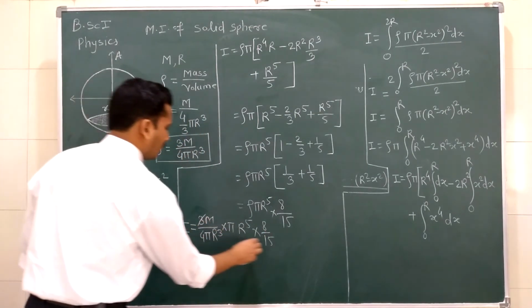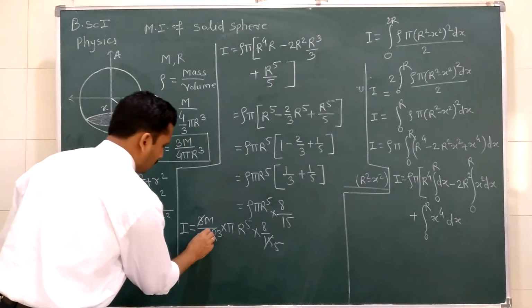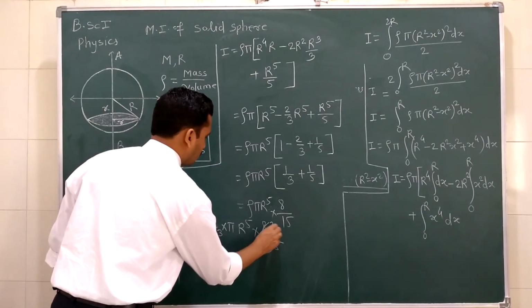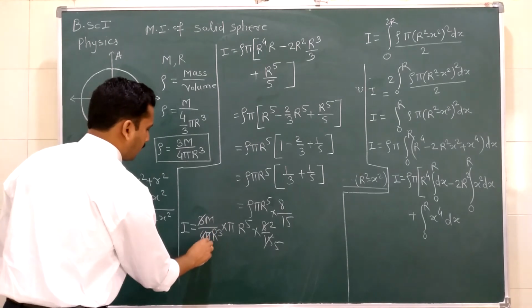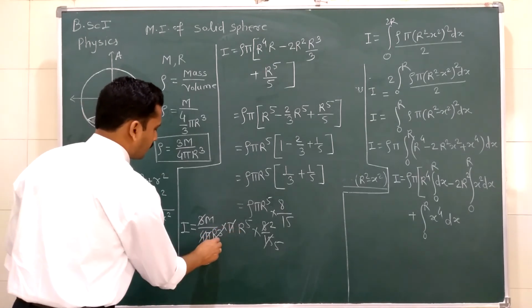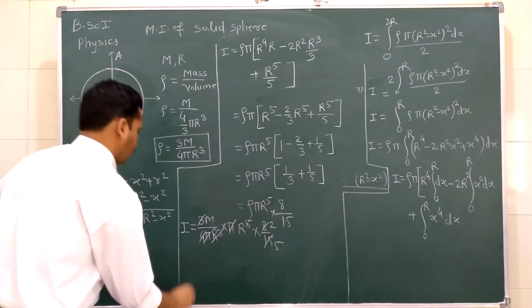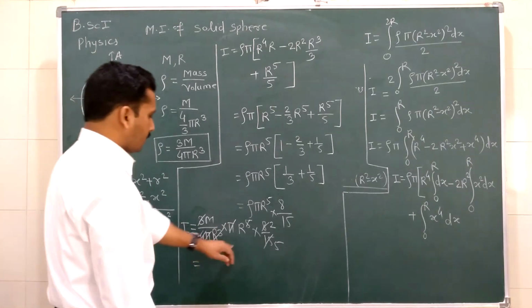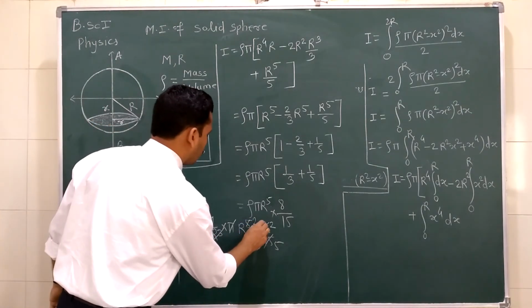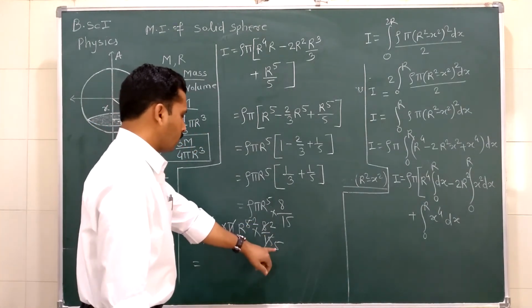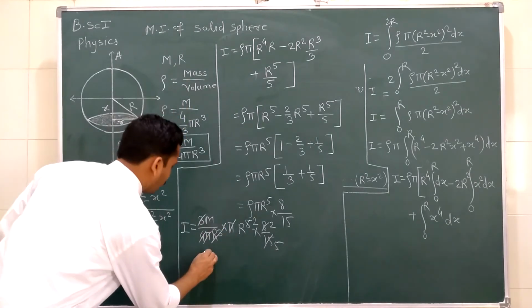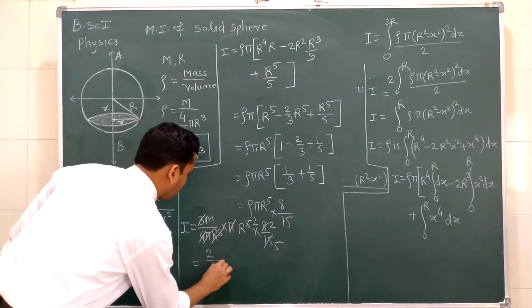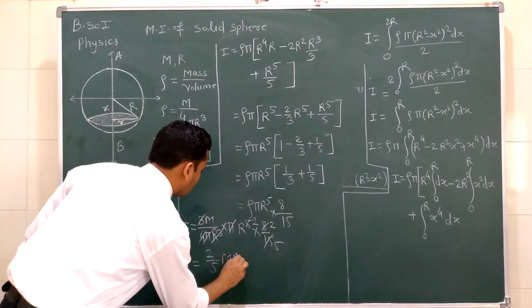So 3 times 5 is 15, 2 times 4 is 8, this pi gets cancelled, and r cube and this get cancelled. What remains is r to the power 2. So we can write this as 2 by 5 m r square.